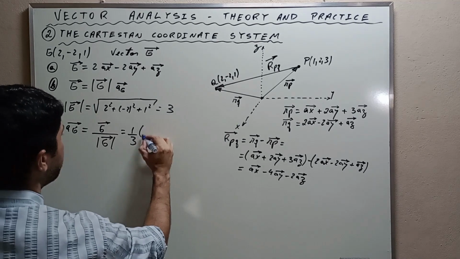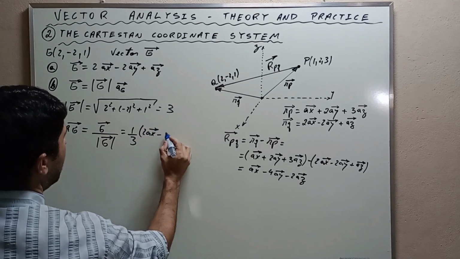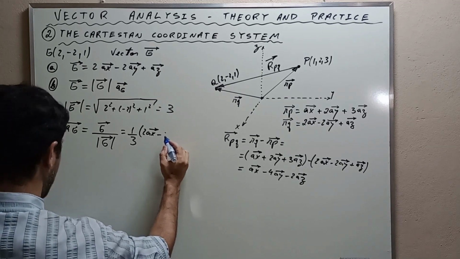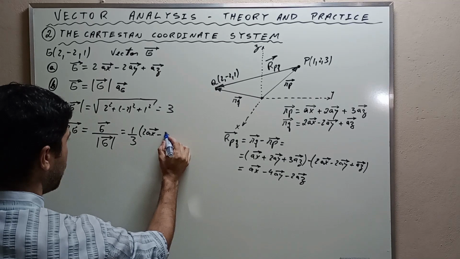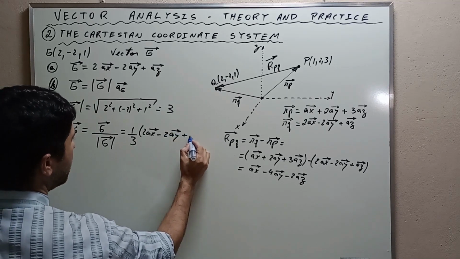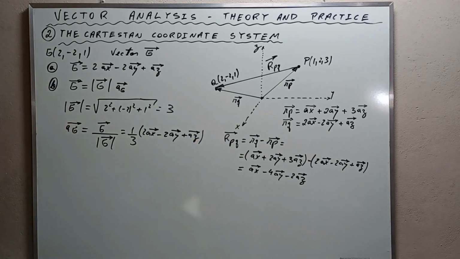of 2ax minus 2ay plus az. Okay? And now we want to compute it in this way.